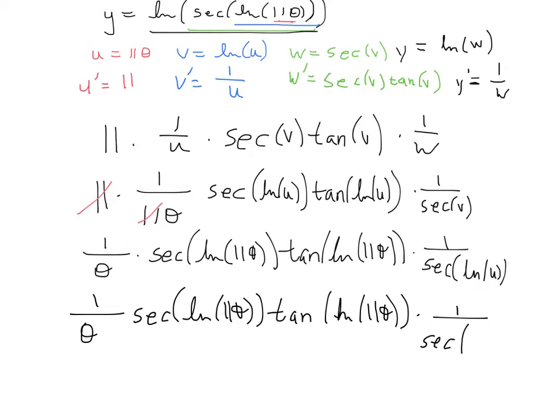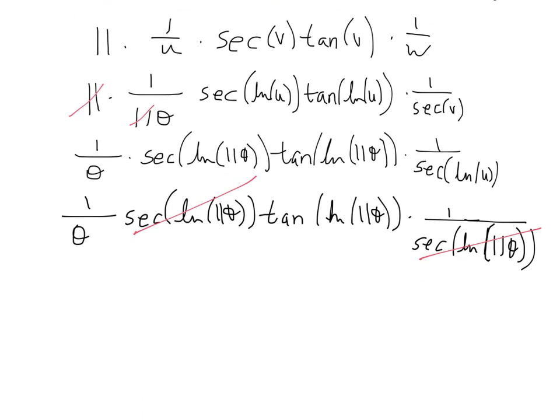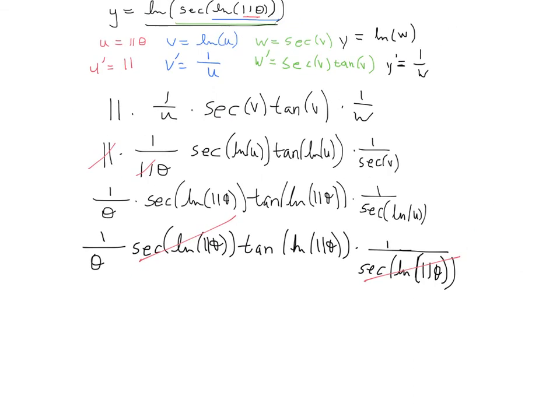And so I can see that that and that cancels. And so my final answer is tangent ln of 11 theta over theta.